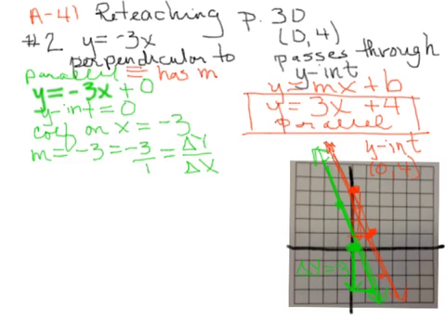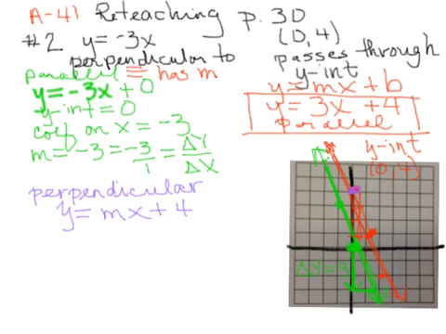Now, let's go ahead and do perpendicular in purple. So I know that it also passes through this point. So for my perpendicular, so far I have y is equal to mx plus 4, because that is my y-intercept still.